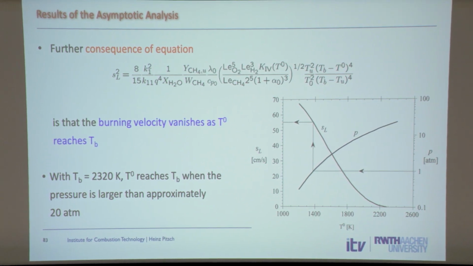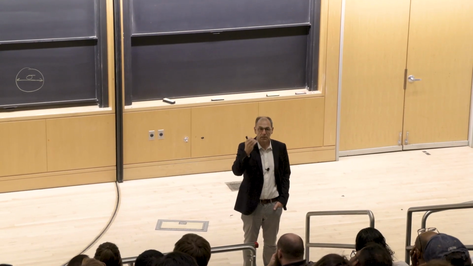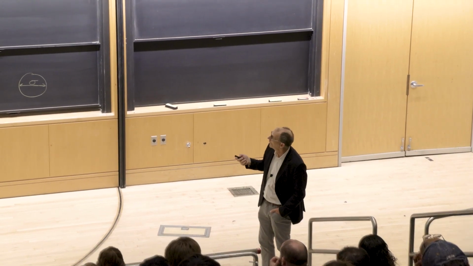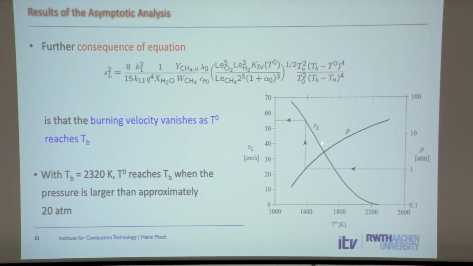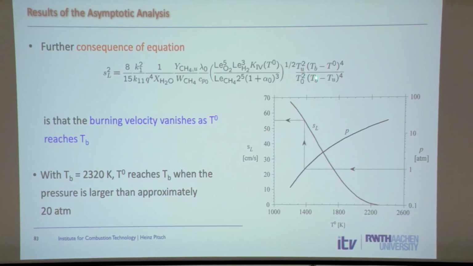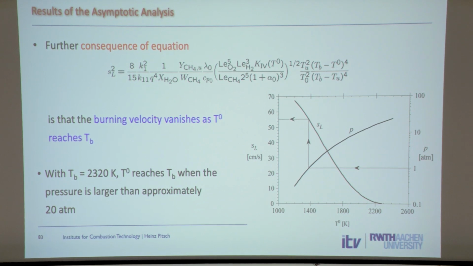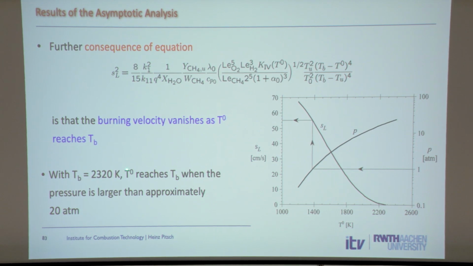But here you see there's a kinetically controlled lower limit of the equivalence ratio or dilution, of the maximum temperature. If you go below this limit, then the flame will extinguish. So that gives you a hint for the flammability limit, for example. That's what we will use later on.